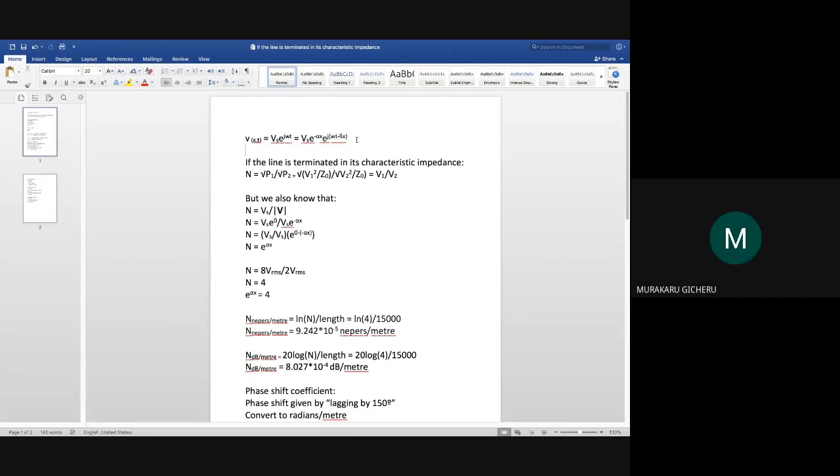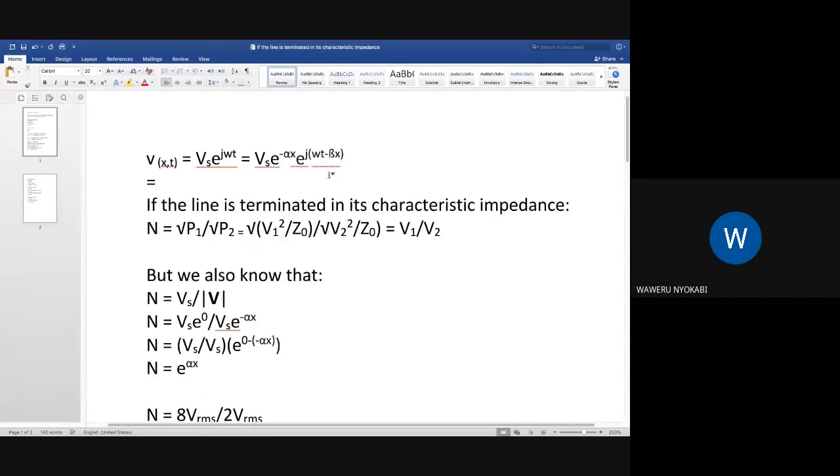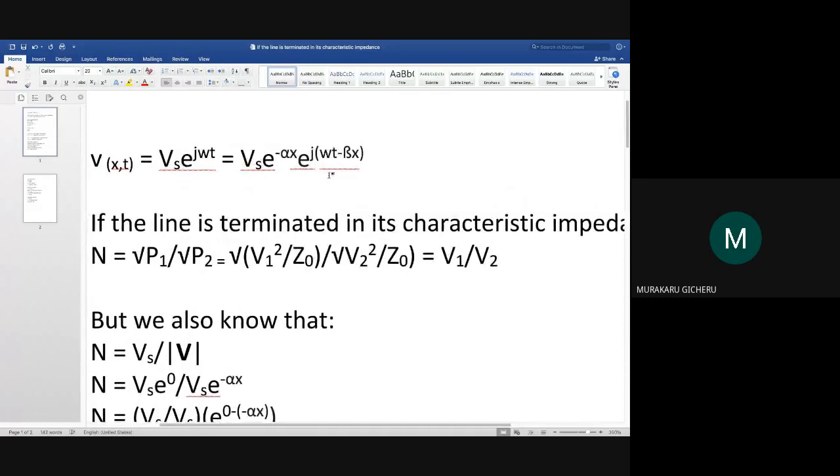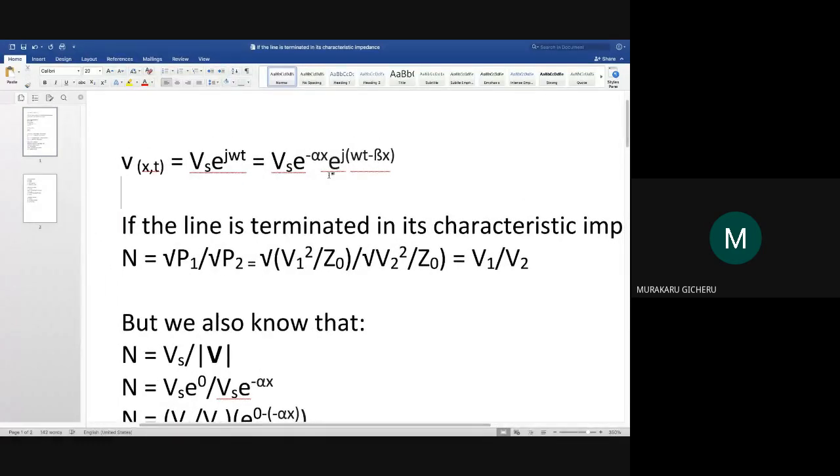This is a general form. Is that fine? Is that better? Yes. Okay.